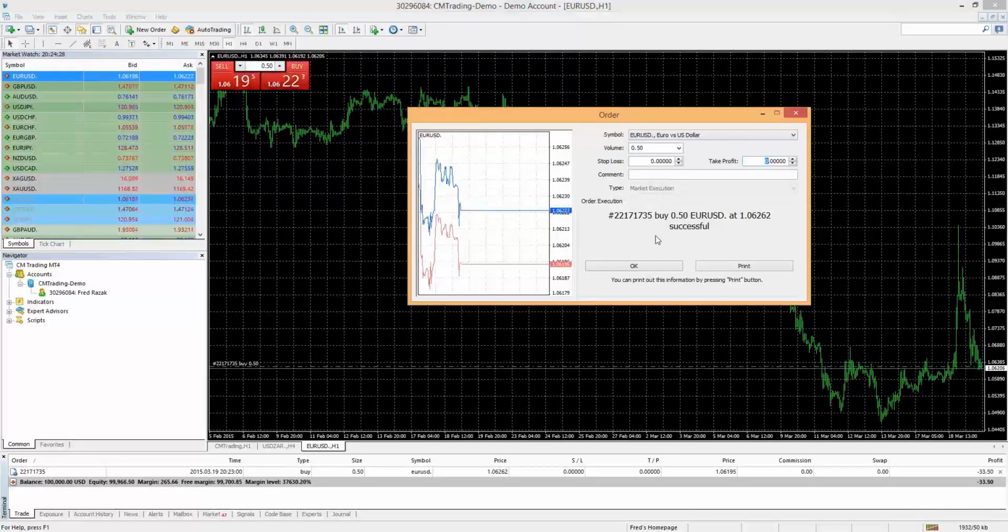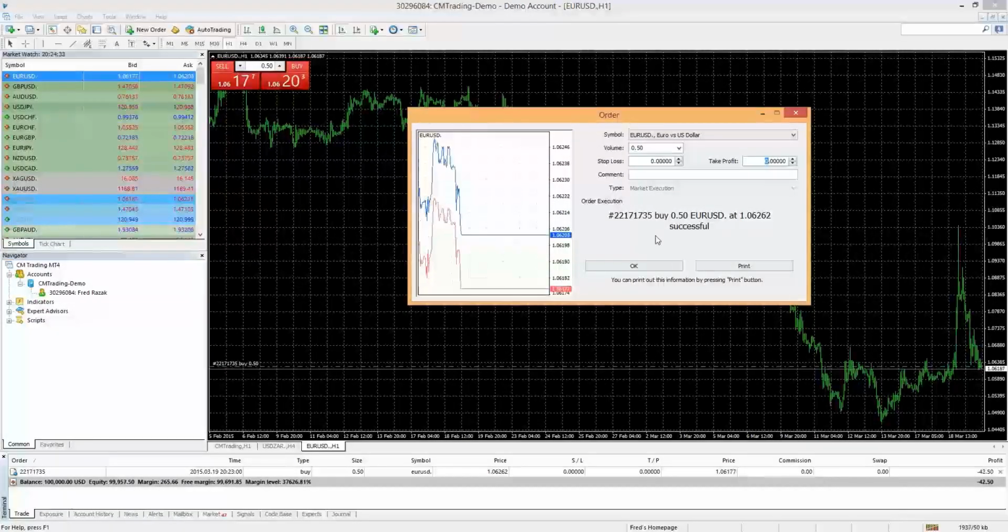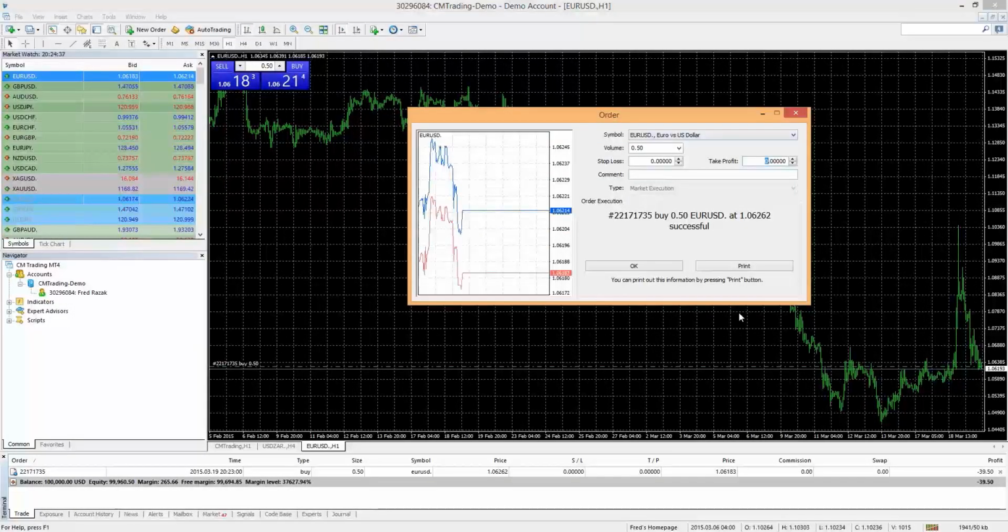If it goes down to 1.0600 and I set that here, it'll take me out at 1.0600. That would be my stop loss. Take profit is the opposite. If it hits a certain threshold and I'm making money, I'd be up in the position and I'd look to take a profit.